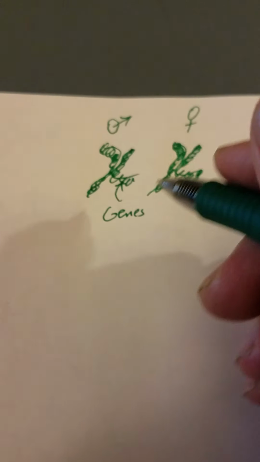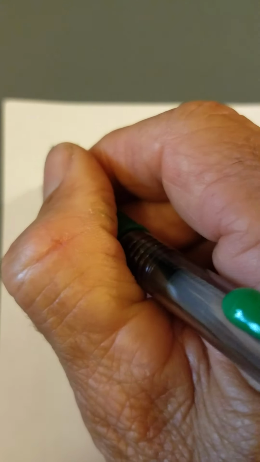All right? And in every cell of your body, in these 23 pair, that's 46 chromosomes, that would be considered diploid. Diploid, which we usually write as 2N, okay? Because that is how many chromosomes you have in every cell of your body.